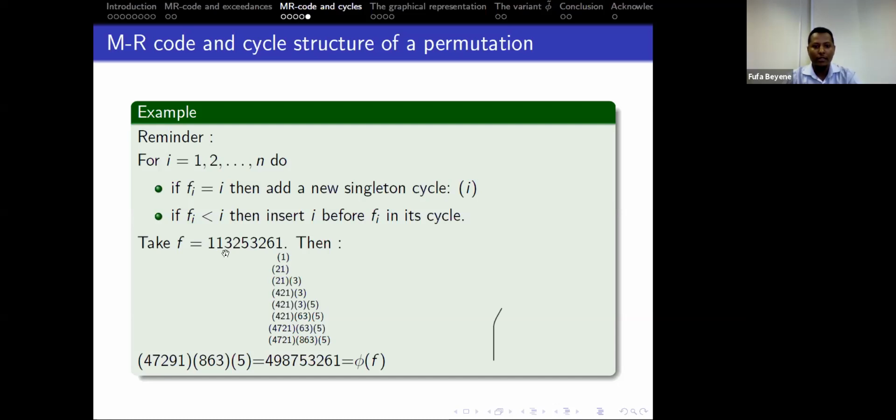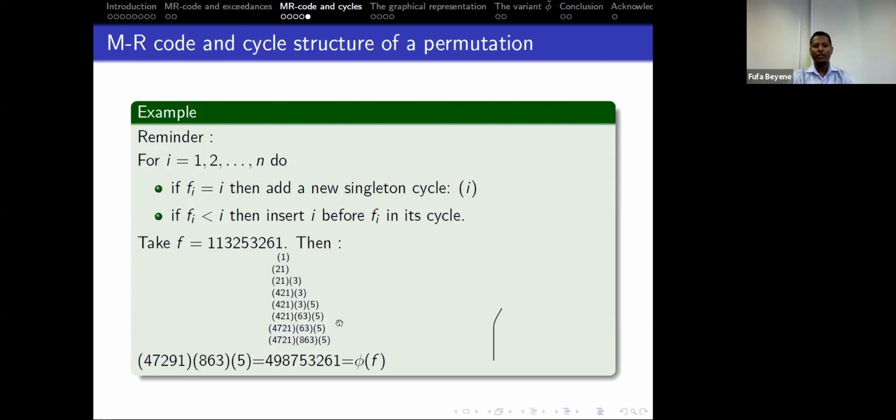And f3 is 3. We don't have 3 in this cycle, so we add a new cycle consisting of only 3. f4 is 2, and 2 is in this cycle, so we add 4 before 2 in the cycle of 2. f5 is 5 here. We don't have 5 in any of these cycles, so we add a new cycle consisting of only 5.